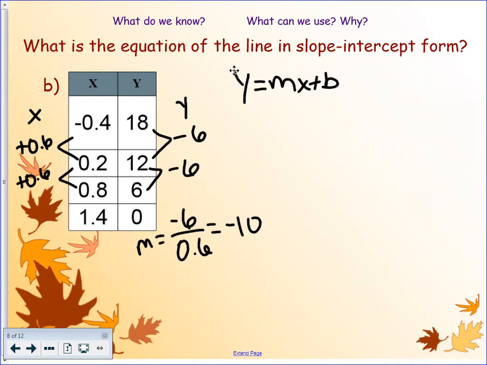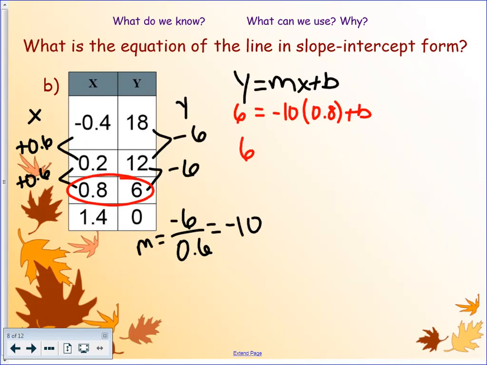So -10 goes for m. I need a coordinate to go ahead and put in this equation. It doesn't matter which coordinate you pick. I'll go ahead and use 0.8 and 6. My 0.8 is my x. My 6 is my y plus b.